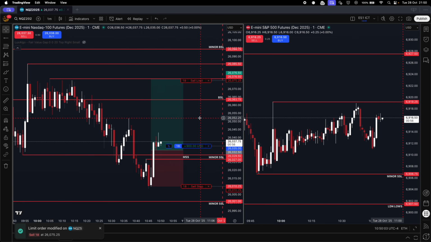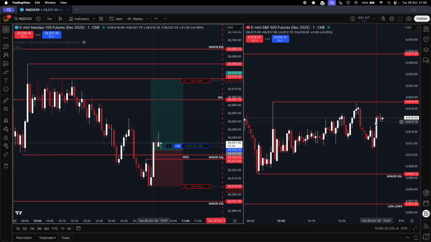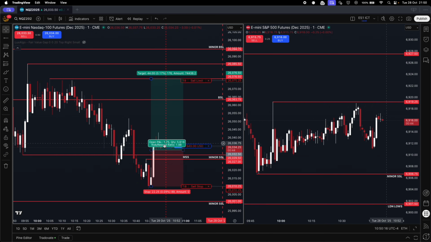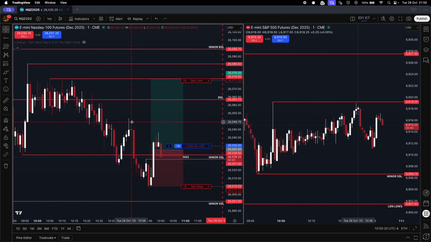So that's the trade that we're taking today, is the long with the premature entry on NQ as ES tapped the gap. You see that it tapped it at 10.49, so we entered at 10.49 on NQ.